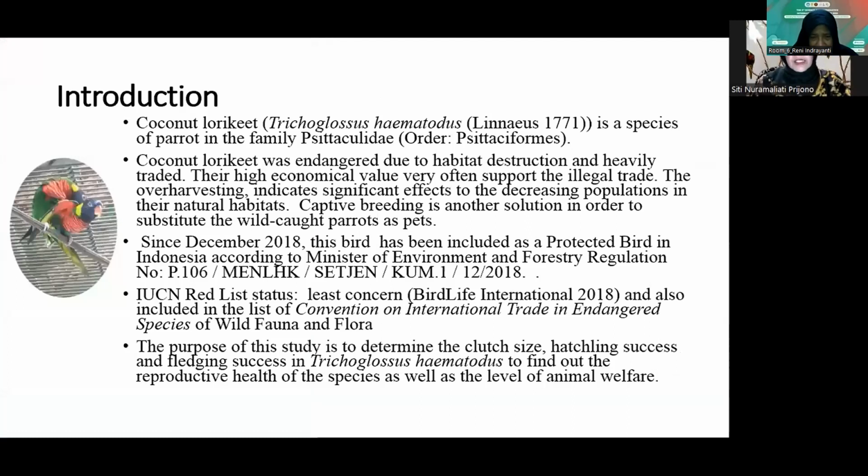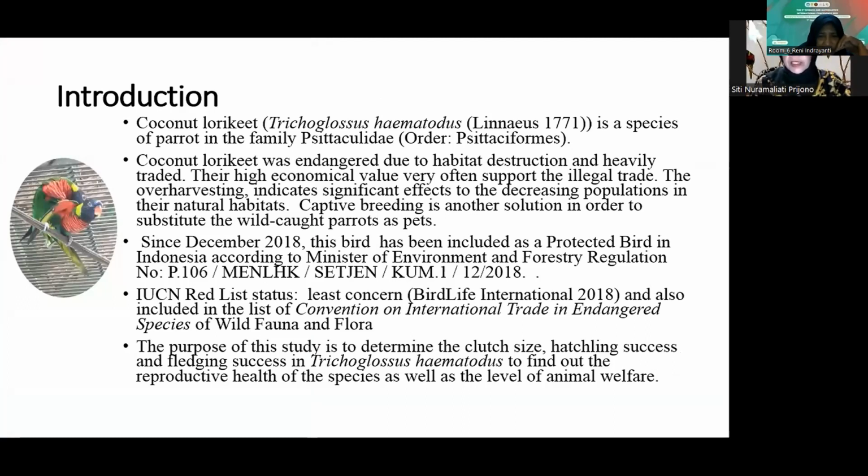Coconut lorikeet, Trichoglossus haematodus, is a species of parrot in the family Psittaculidae. Coconut lorikeet is endangered due to habitat destruction and heavy trade. Their high economic value very often supports illegal trade. Overharvesting has significant effects on the decreasing population in their natural habitats.